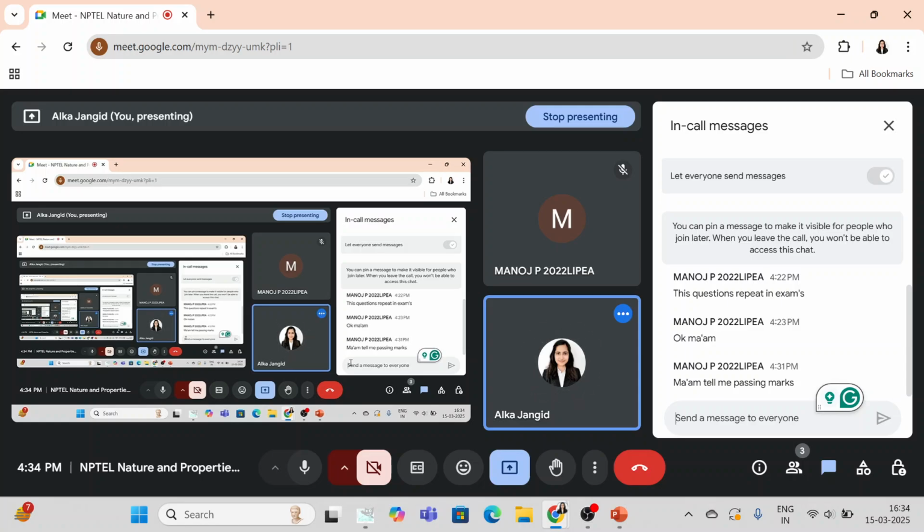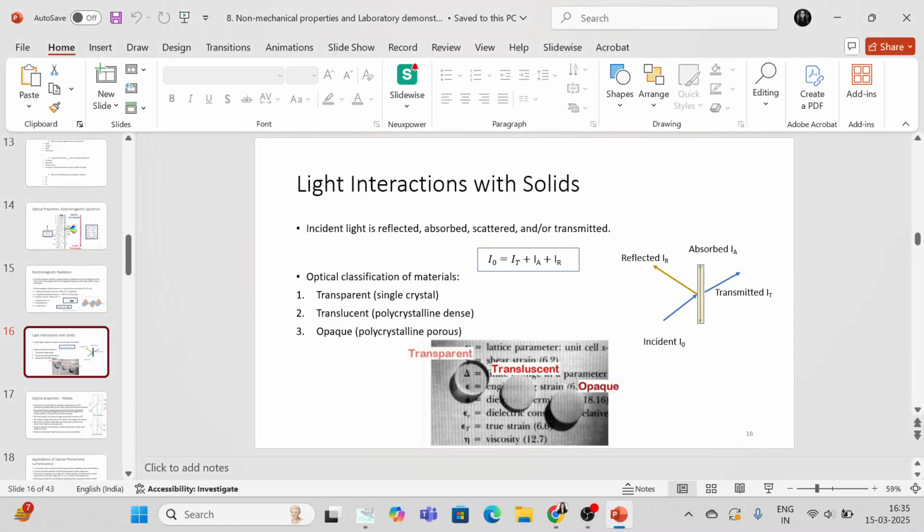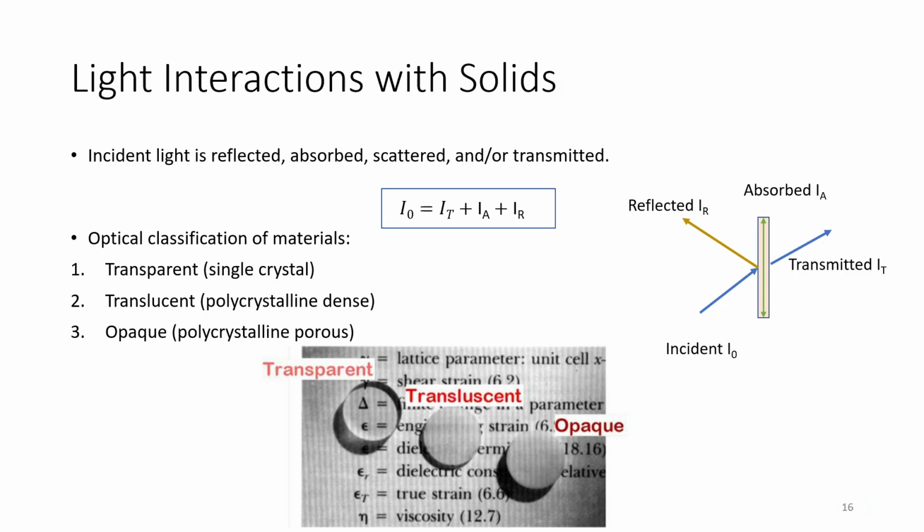Passing marks. I think it should be given on the NPTEL website how much passing marks you require. I'll check once.